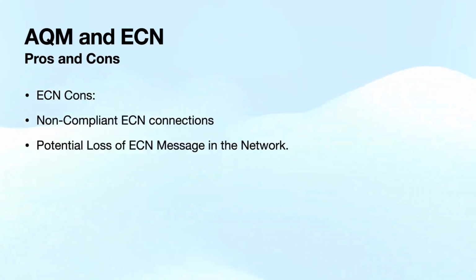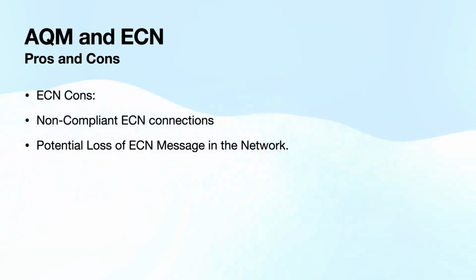And let's talk about the disadvantages. First, non-compliant ECN connections. A non-compliant TCP connection might falsely signal that it is ECN capable by setting the ECN field in its packets. However, it might then ignore any ECN notifications it receives.